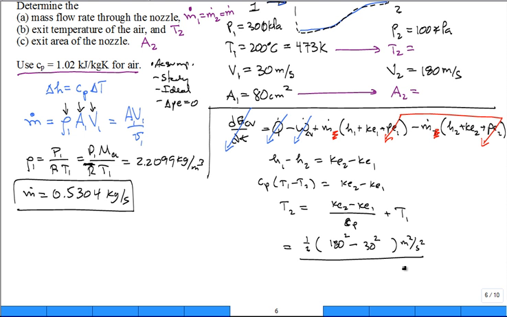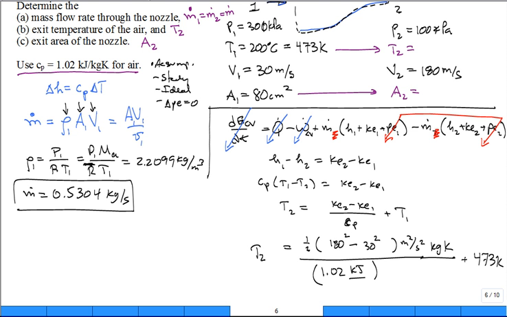So I just handled the numerator, KE2 minus KE1, lowercase specific kinetic energy. It's 1/2 V squared. I divide by the specific heat of the air, 1.02 kilojoules per kilogram Kelvin. I'm going to flip that up into the numerator for the units. All right, plus I have a temperature coming in, 473 Kelvin. So that's what T2 is.